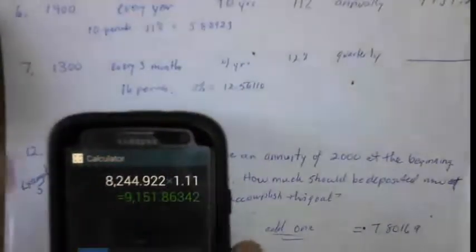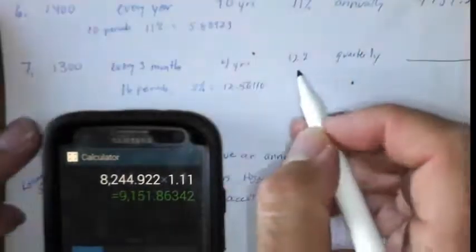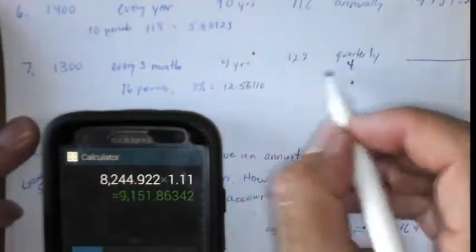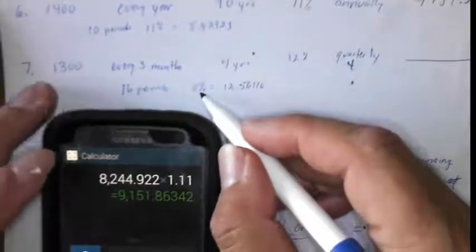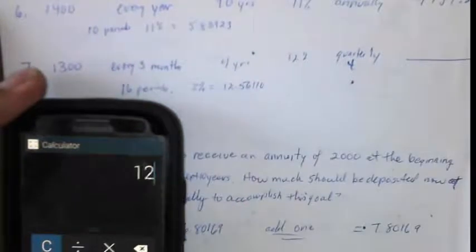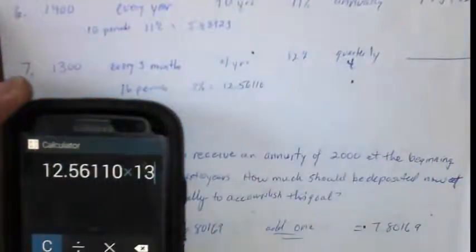So let me slide this up here. Let's do one more. We would have every 3 months, 4 years, 12%, quarterly, so that's 4 times a year. We divide 4 into the 12, so each period is 3%. Looking up on our table, I've already looked that up to speed us along, times our 1,300.